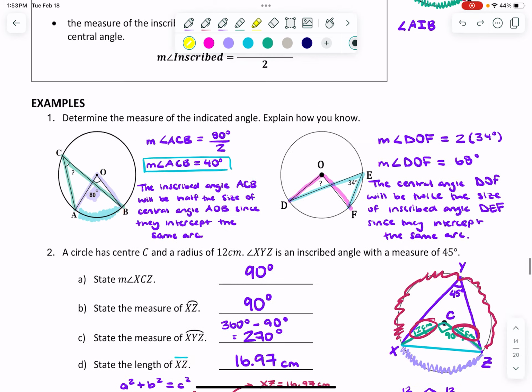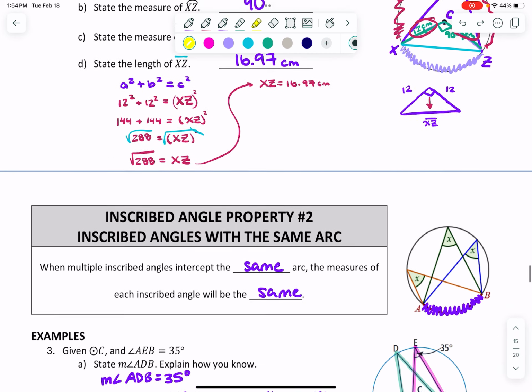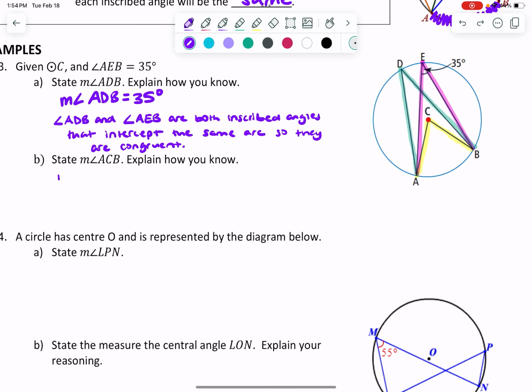But the property 1 we just talked about indicated what happens when inscribed angles and central angles intercept the same arc. So I can use property 1 to help me out here. So I know that a central angle like ACB, when it intercepts the same arc as an inscribed angle like angle AEB, it will be twice the size. So it'll be 2 times 35 degrees or 70 degrees.